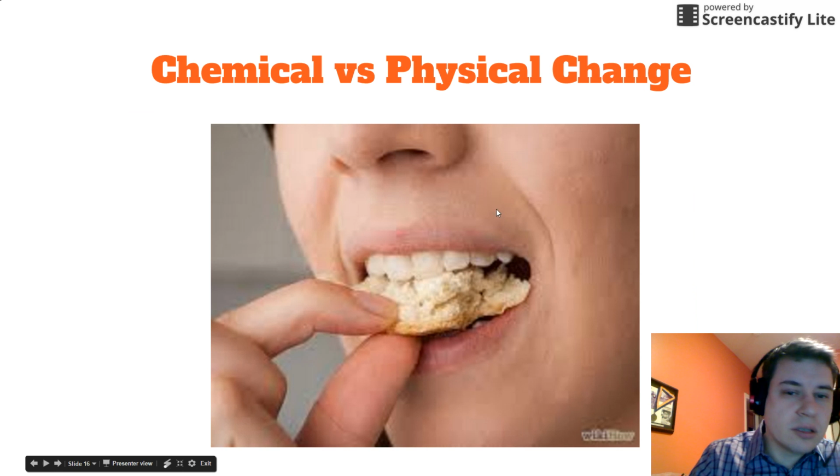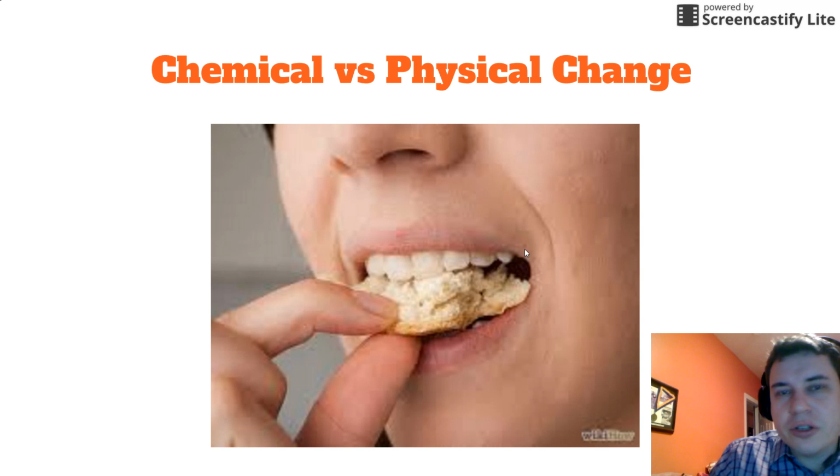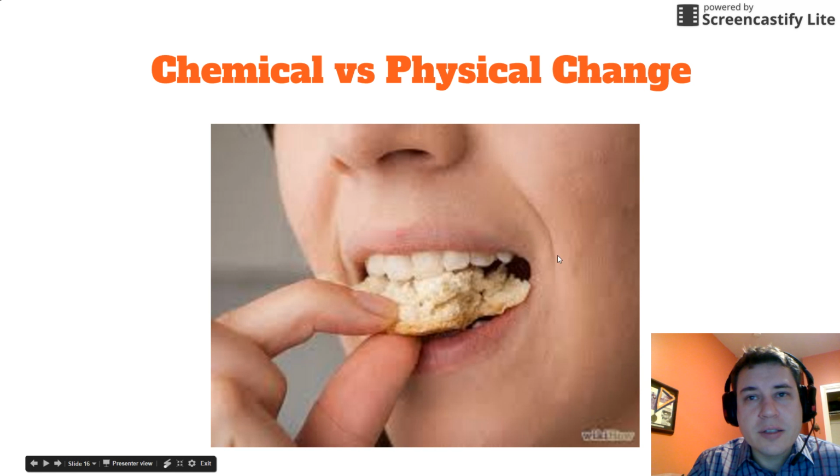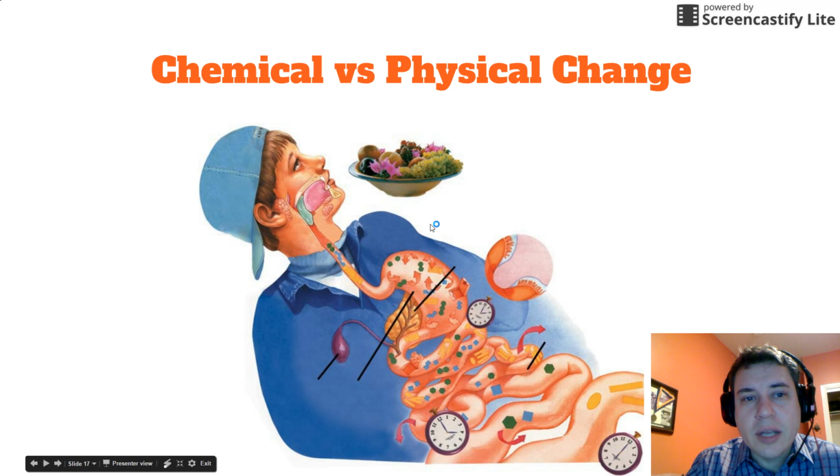Chewing. So if you bake that bread and you start to chew it, is that going to be a physical or a chemical change? And actually, the first bite is going to be a physical change. You're just making the bread smaller. Now, once that bread goes into your stomach and you start to swallow it, will that be a chemical or a physical change?